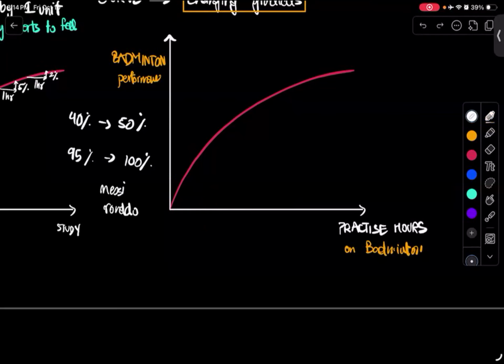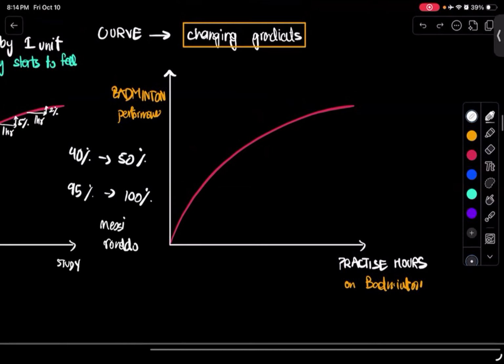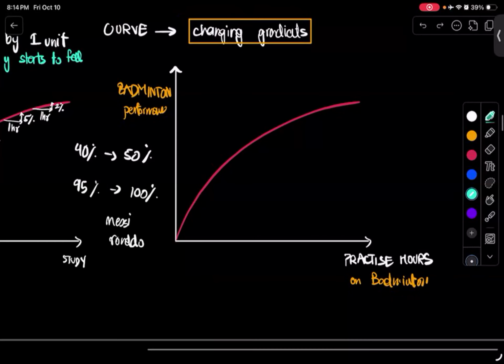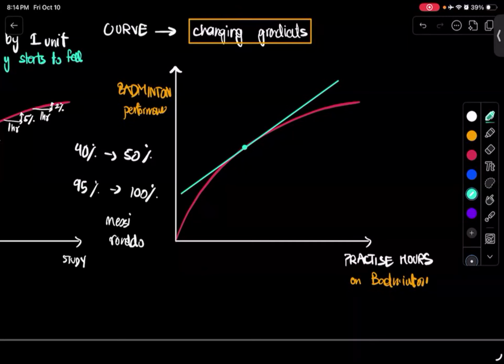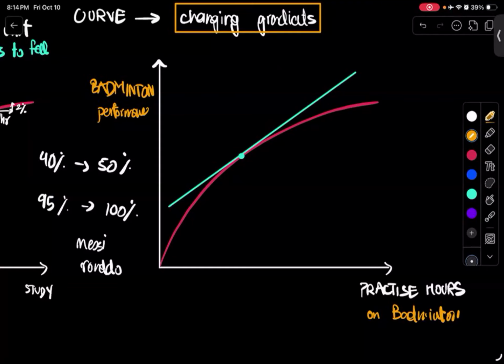For the gradient of a curve, what you do is you take tangents. If you want to calculate the gradient at this point, you draw a line that is tangent to that point. It's barely touching that curve. Then you take this straight line and calculate its gradient.